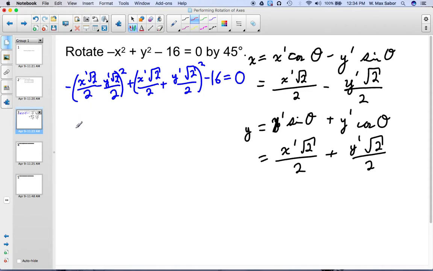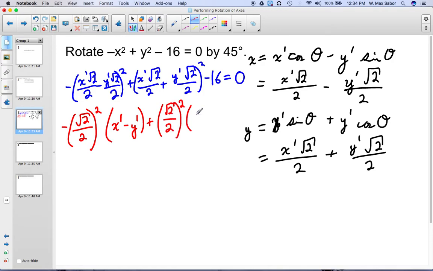It's going to be pretty annoying to do that, so I'm factoring out square root of 2 over 2 squared, and then we have x prime minus y prime, plus, again, square root of 2 over 2 squared, times x prime plus y prime, minus 16 equals 0. Simplifying this is 1/2. Oh, those are supposed to both be squared.